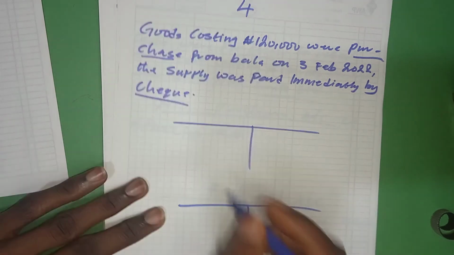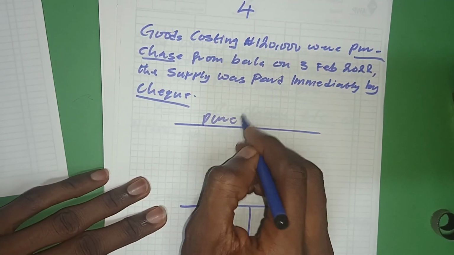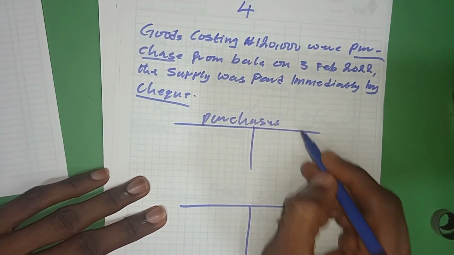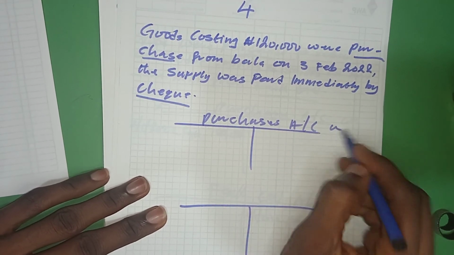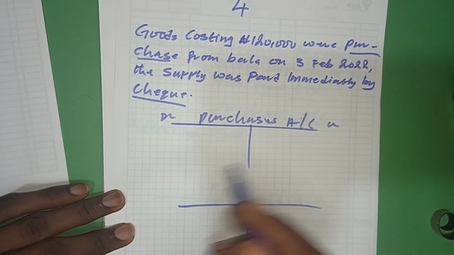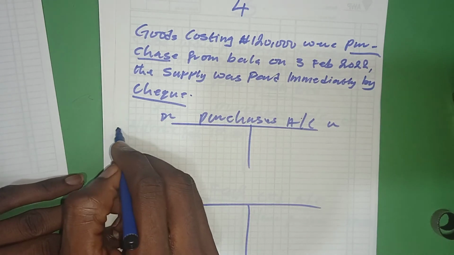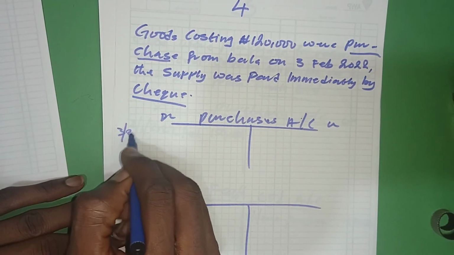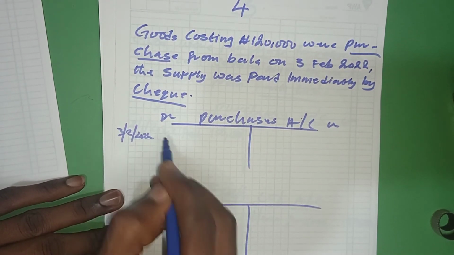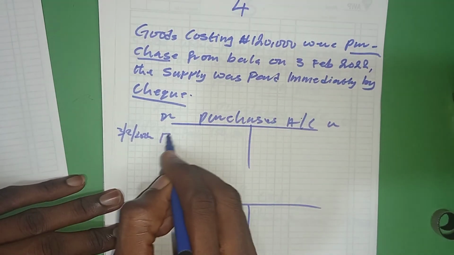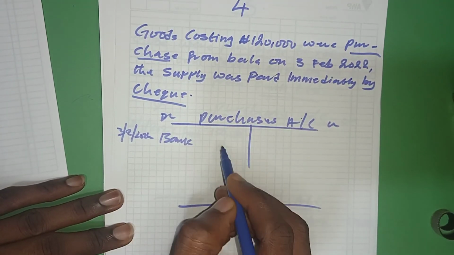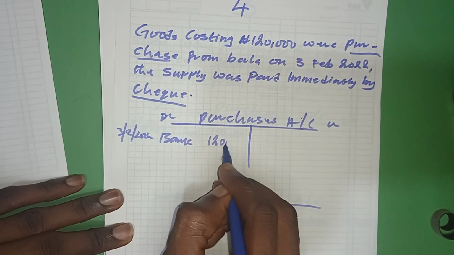So here we put purchase, debit, 3rd February, bank, 120.